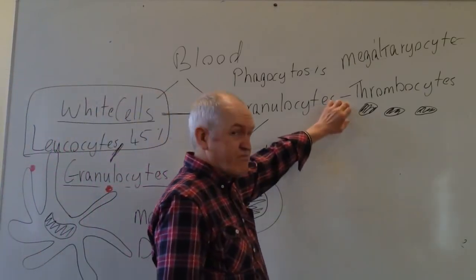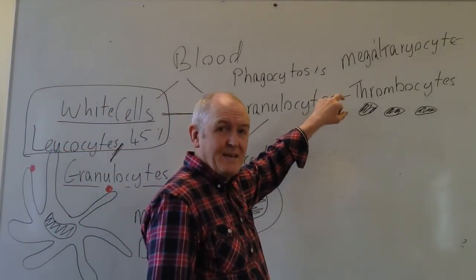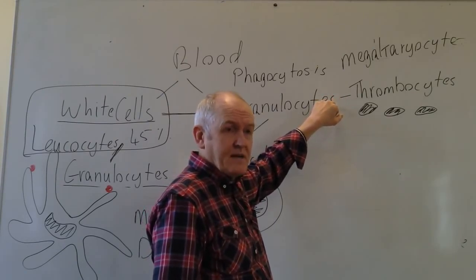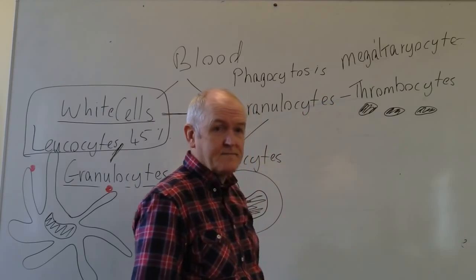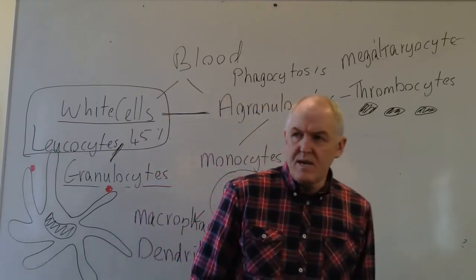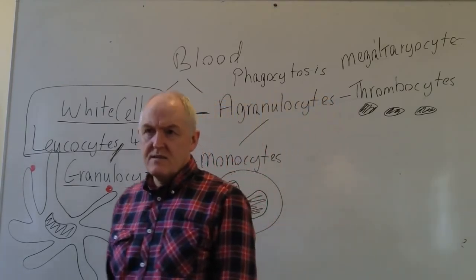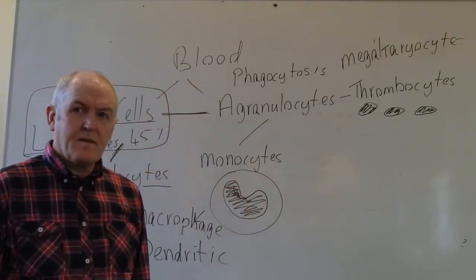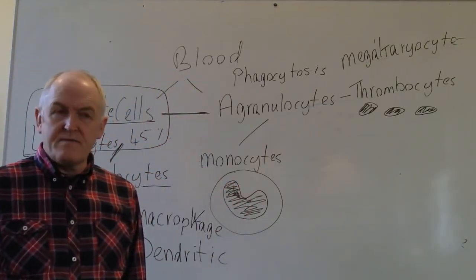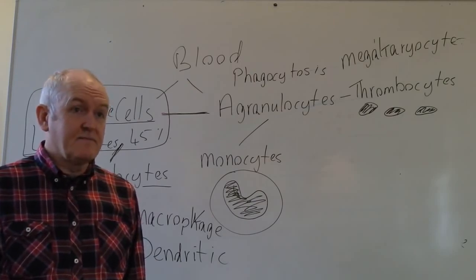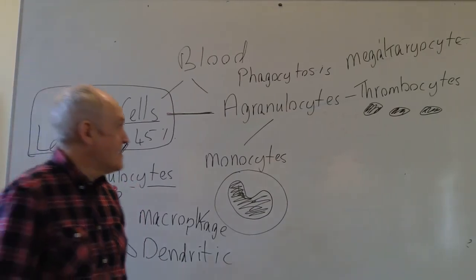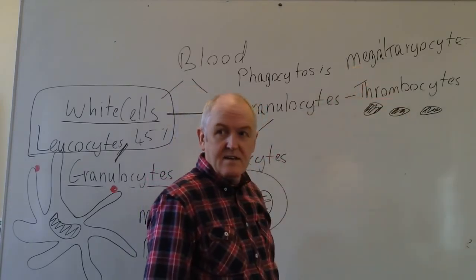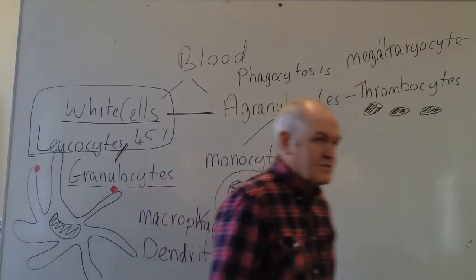If you take aspirin to reduce the coagulability of your blood, it's the aspirin that's affecting the platelets, it's affecting the thrombocytes, making them less likely to initiate coagulation. So you know a lot of patients are on 75 milligrams of aspirin a day. That's why. It makes these less likely to activate, less likely to stick together. So hopefully we won't get any blood clots that we don't want.